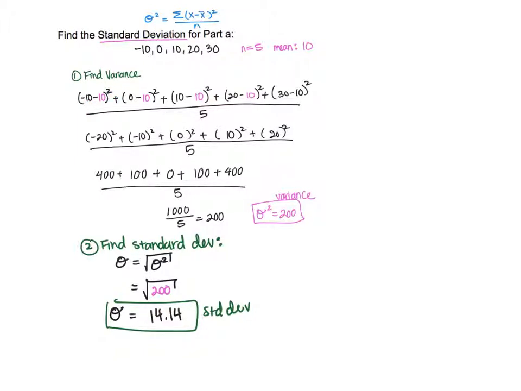Well, that comes down to what happens when you square a negative and a positive number. When you square a negative number, you always get a positive number, right? And when you square a positive number, you always get a positive number. So no matter what's inside the parentheses, when you square it, it will always be positive.